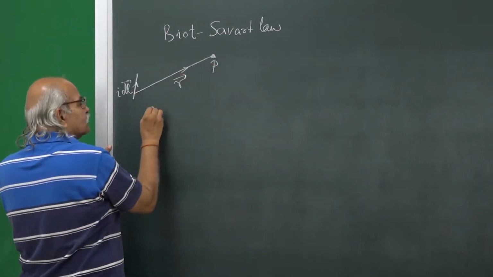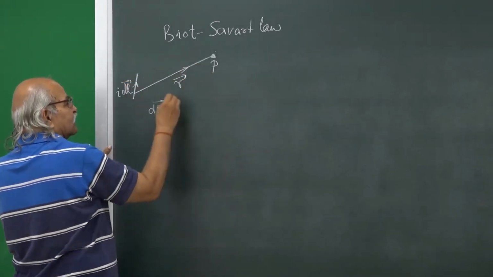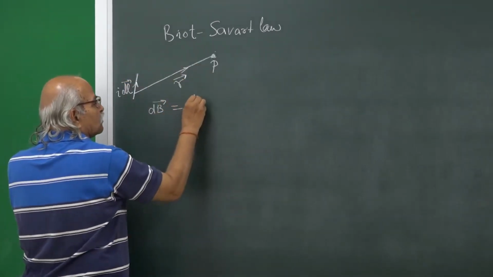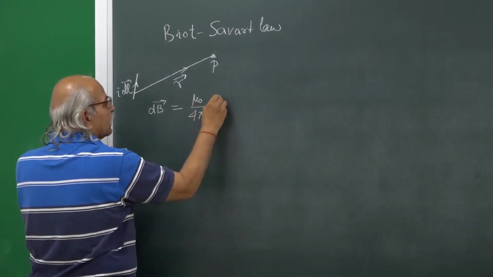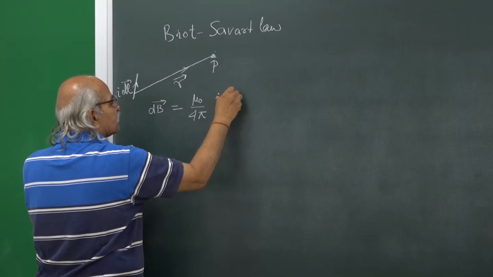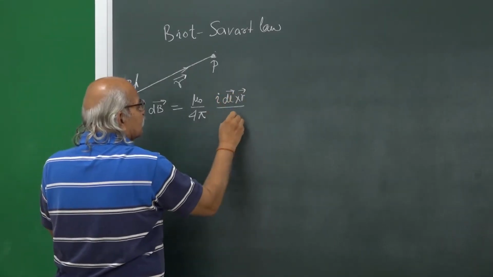Then you say that the magnetic field at this point due to this current element is mu naught by 4 pi, then I dl vector cross r vector divided by r cube.